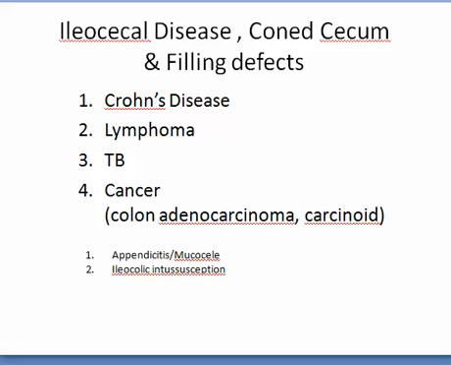These disease processes can produce changes at the ileocecal region and result in a coned cecum, or multiple filling defects at the region of the cecum, or a retracted, contracted cecum. Here it is. This is the appearance of the cecum, and this is the appearance of the ileum.